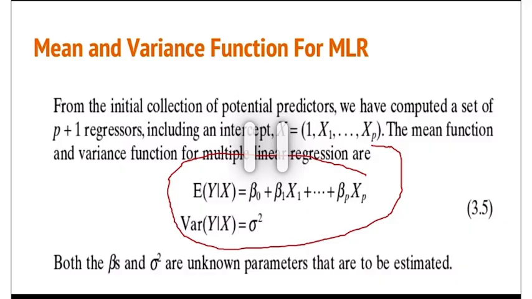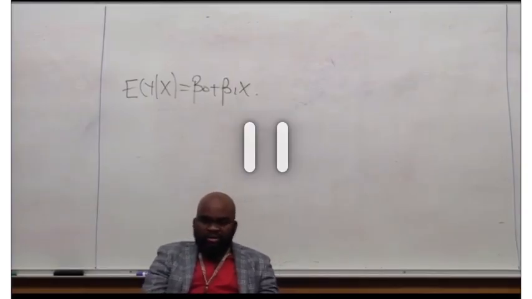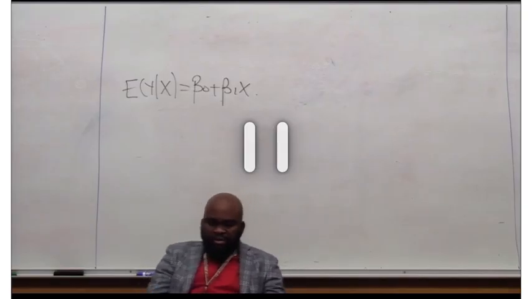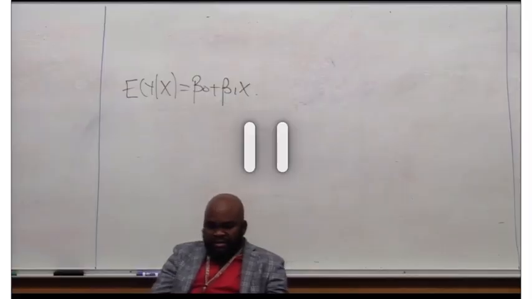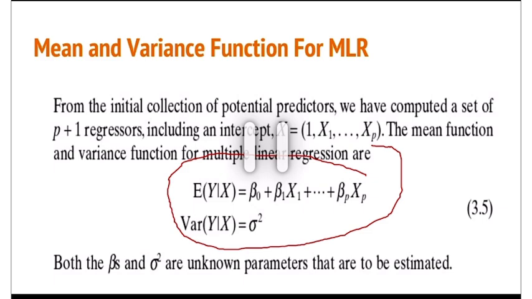Whenever an average is involved, of course, there's always going to be a variance. So the variance function, the variance of y given x, in this case x1 up to xp, is going to be sigma squared. If I want to make a decision regarding the relationship here, the parameters in my model need to be estimated.